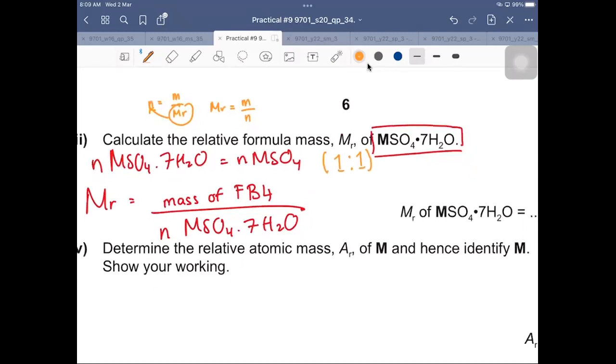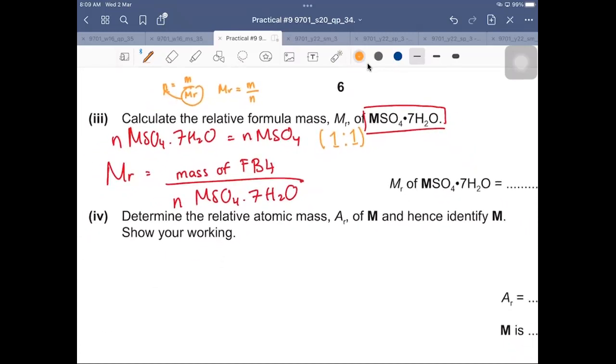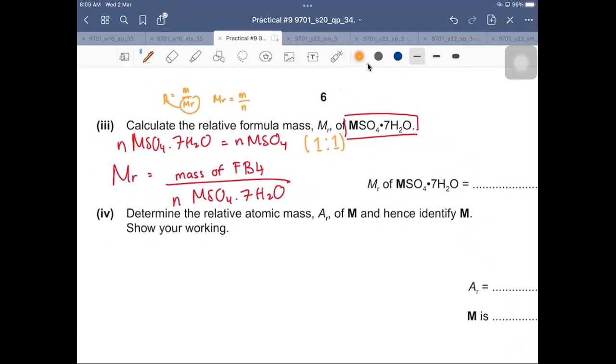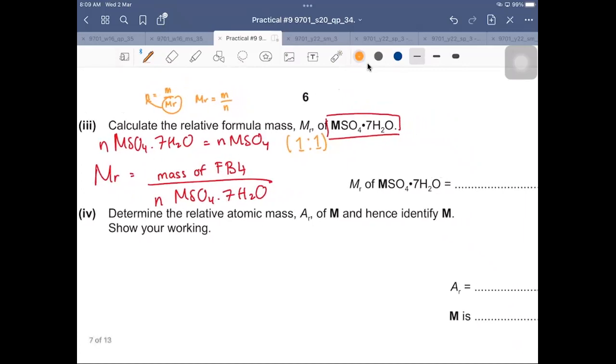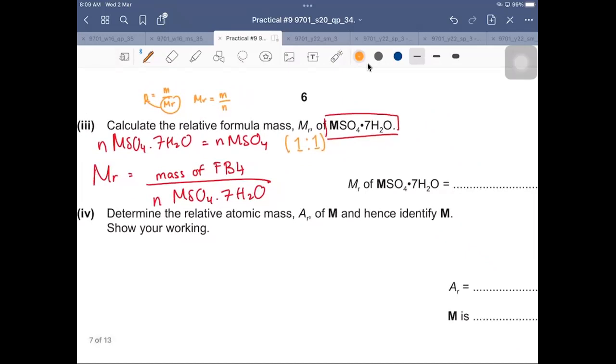Okay, once you find the MR, you can now find the AR of M. Did anyone find the MR already? Did you answer? It should be around 300. 281.1. That is about right.